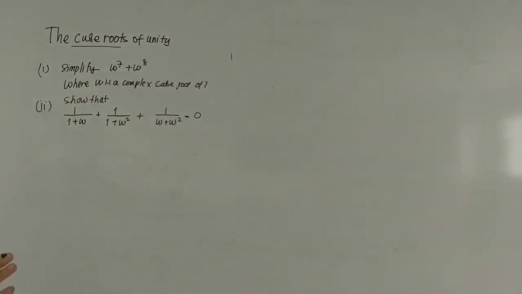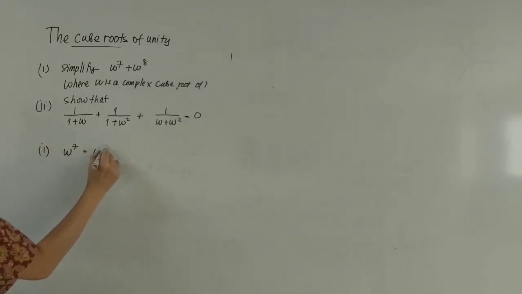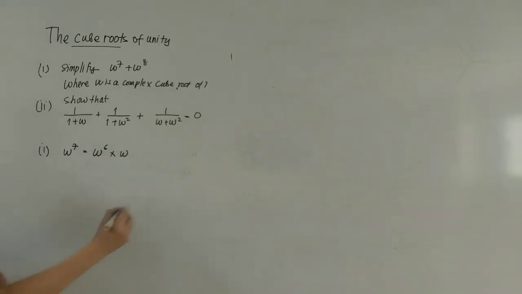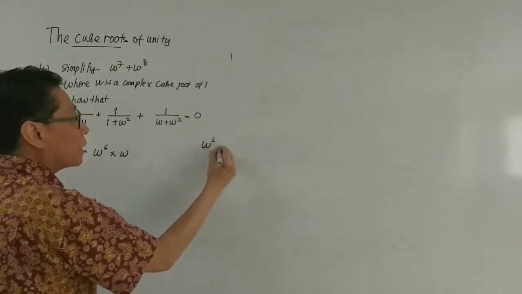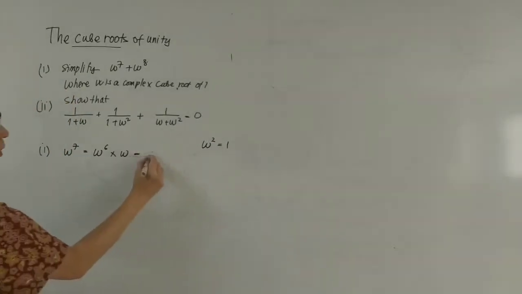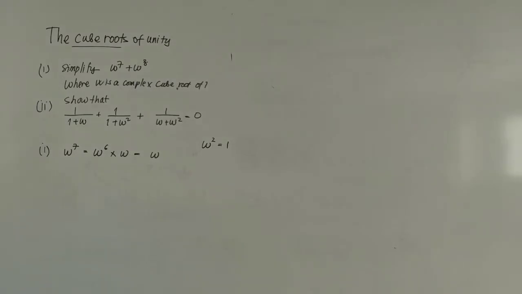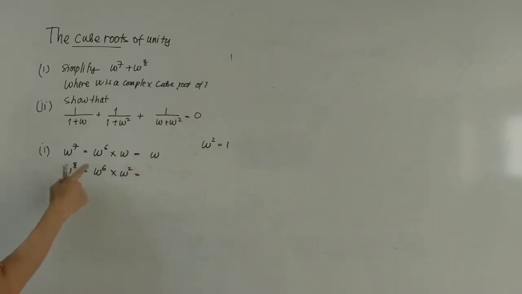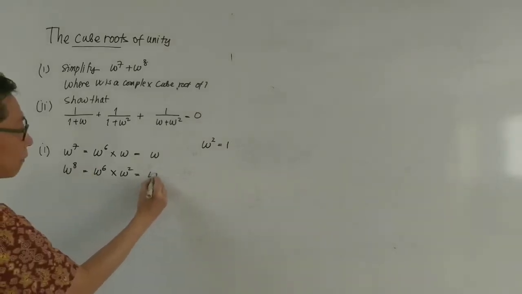This is simple because omega to the 7th is omega to the 6 times omega, and we know omega cubed is 1, so this equals omega. Omega to the 8th is omega to the 6 times omega squared, and again this is 1, so we have omega squared.